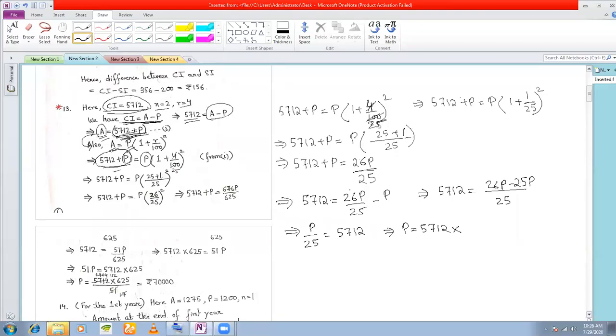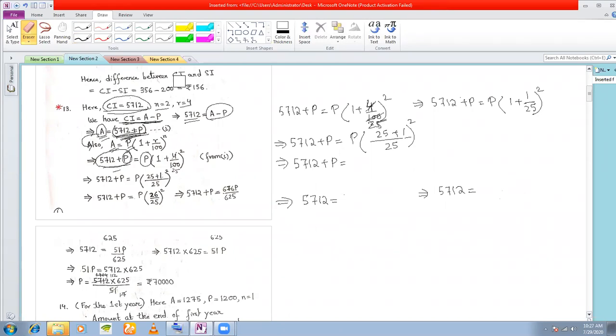Into, this has a power 2 also, no, a power 2. Okay, so this will be 26 by 25 square. So I made a mistake here also. This will be P into 26 by 25 square. This will be 5712 plus P is equal to P into 26 by 25 into 26 by 25.